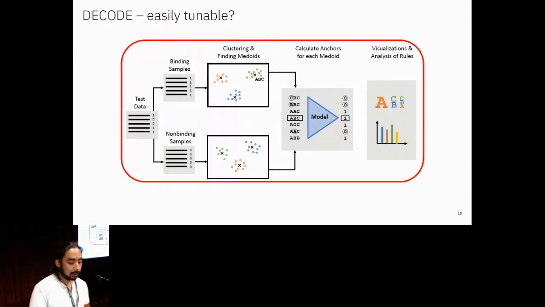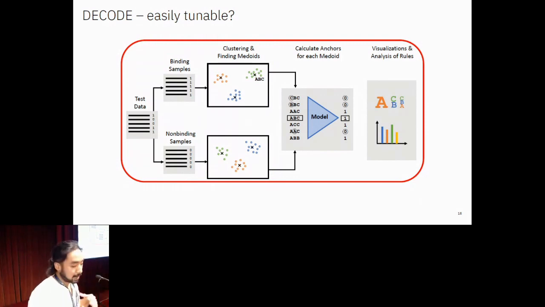And then it's easily tunable, right? So as you know, clustering algorithms have many hyperparameters, and to be honest, anchors is also sometimes difficult to tune correctly, and maybe your model might have some hyperparameters as well at inference time.